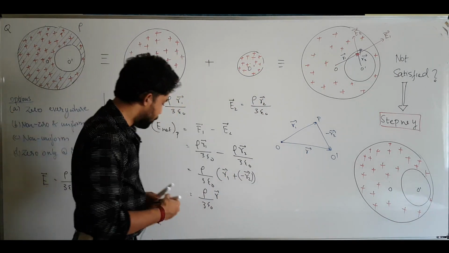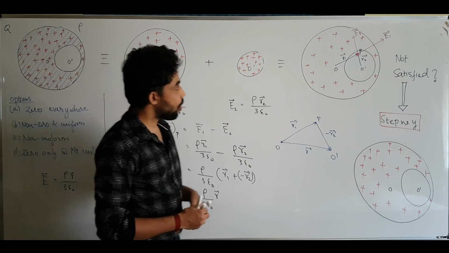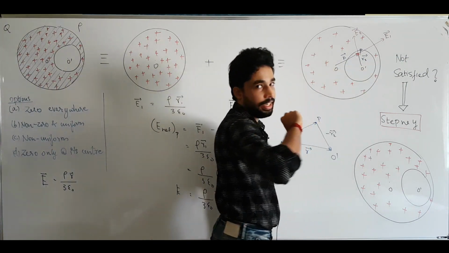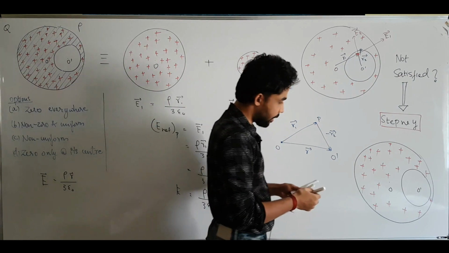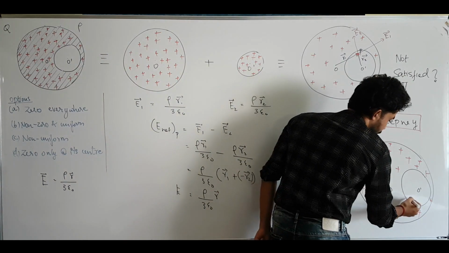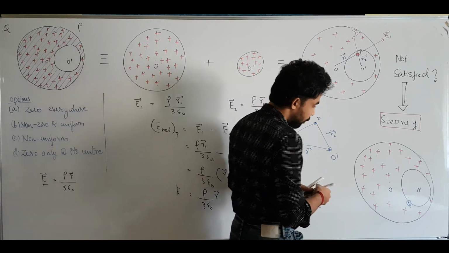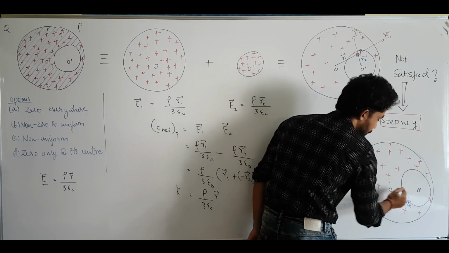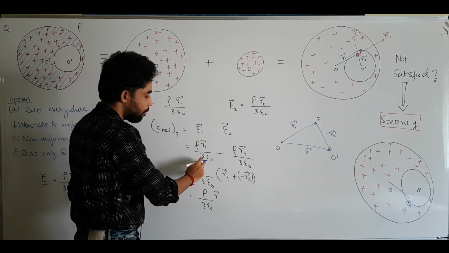Now this value of electric field is going to be the same at all the points. It doesn't matter what point I take inside this cavity, the electric field is going to be the same. If you don't believe me, let's check for another point. So I've taken P here, let me take some point Q somewhere here. If I take Q here, I know the electric field due to the entire solid sphere before you remove this cavity is going to be rho r1 by 3 epsilon naught.